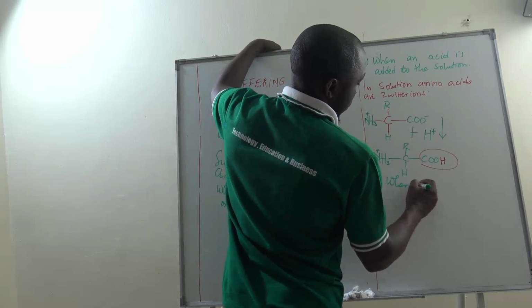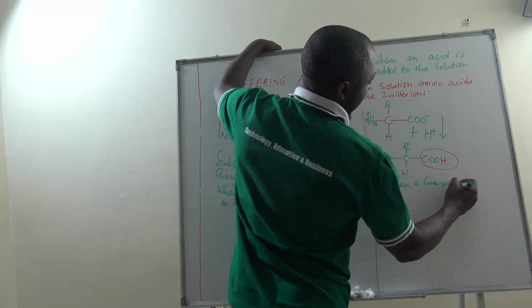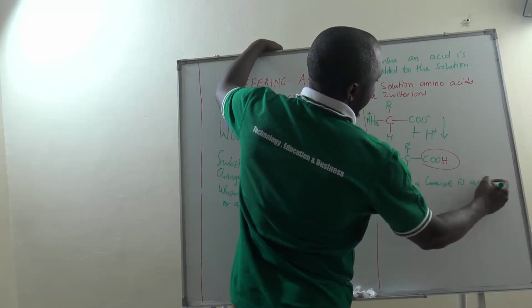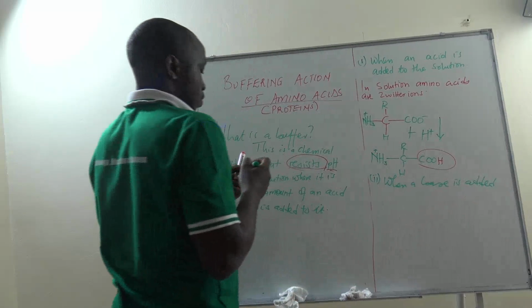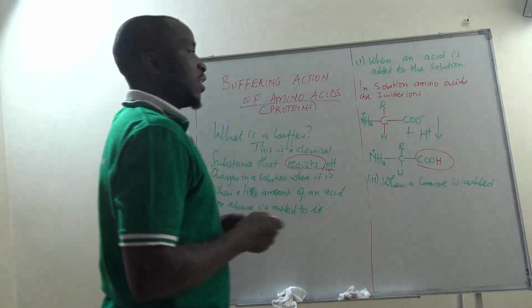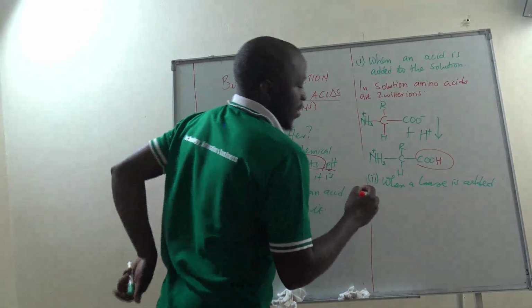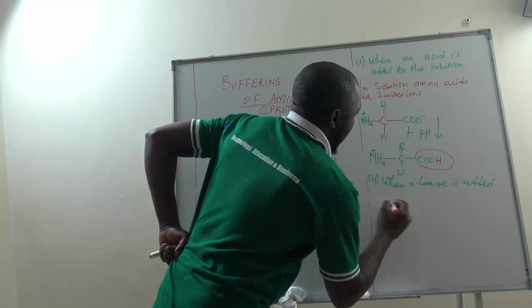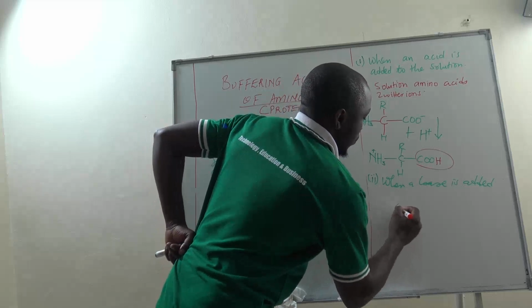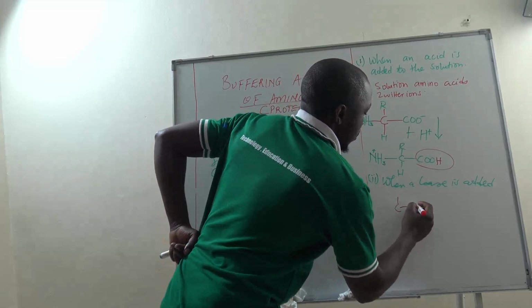When a base is added to a solution where an amino acid is, that will be a zwitter ion.